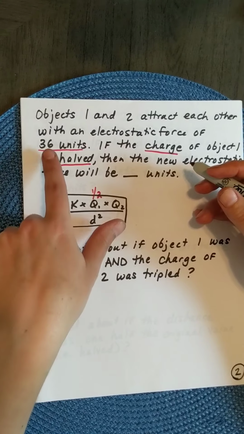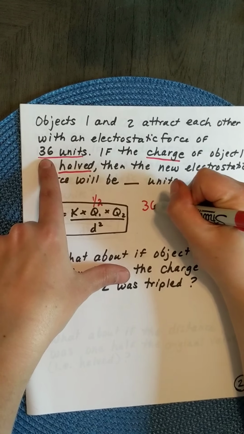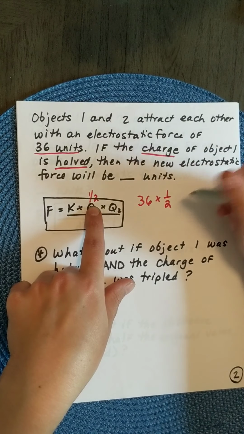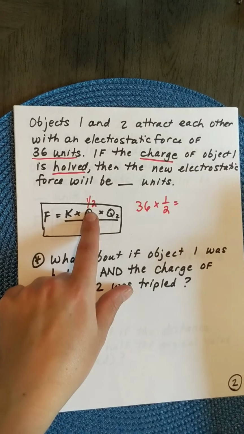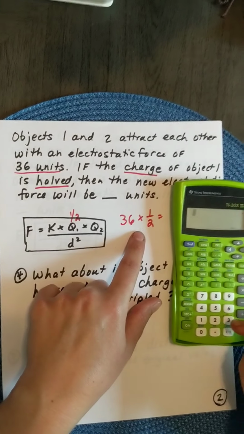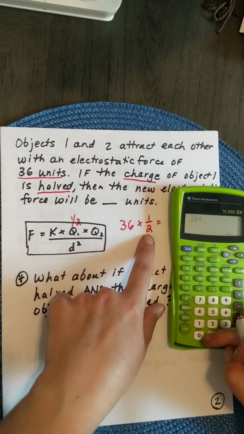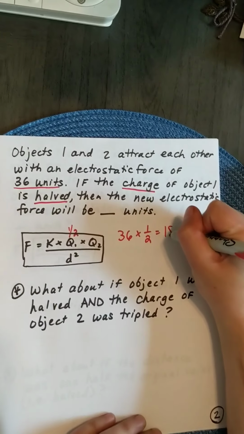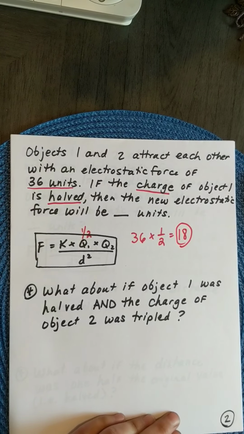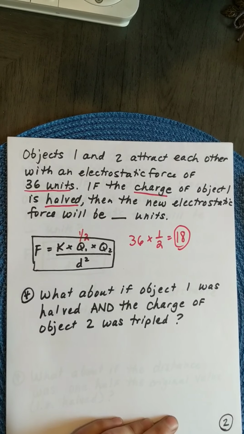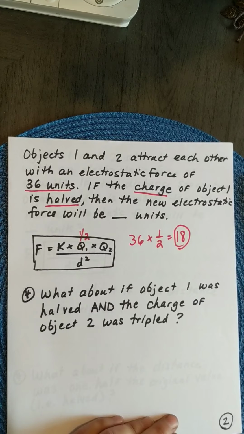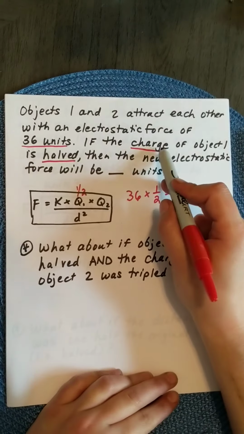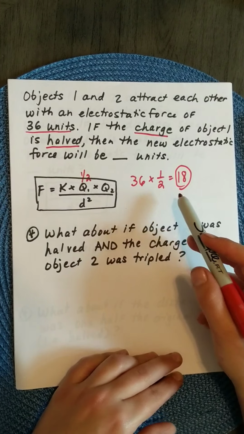So you would take your starting force value, 36, and multiply it by a half, or divide it by 2. 36 times a half, which is 0.5, you would get 18. So we reduce the charge, less force.